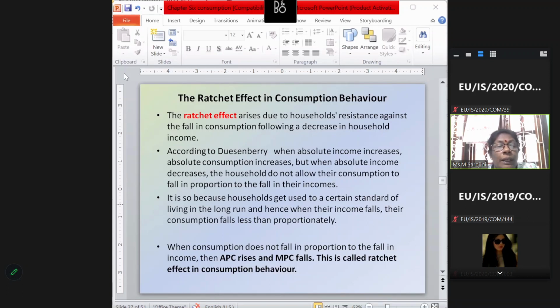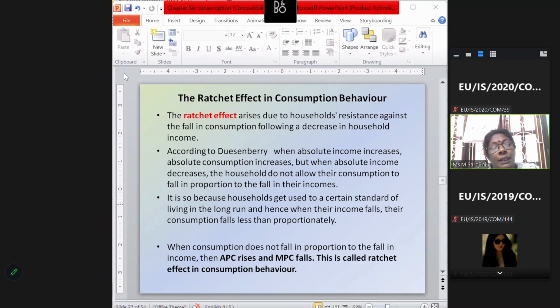Here, you know that a ratchet effect arises due to household resistance against the fall in consumption following a decrease in household income. According to the absolute income hypothesis, income determines consumption. That means once the income increases, consumption also increases.